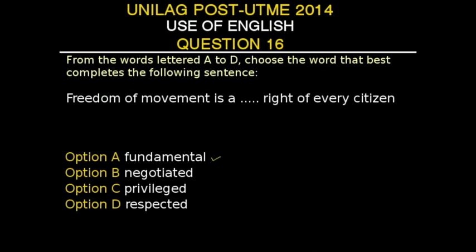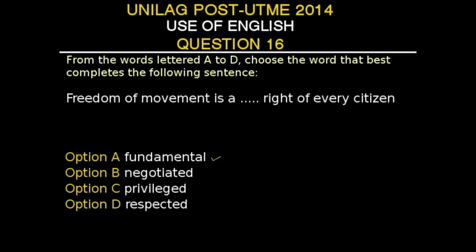Fundamental is an adjective and it means forming a necessary base or necessity. The right of movement for every citizen is a basic necessity, and so fundamental passes here. Negotiated would mean that an individual will actually have to go into some deliberation in order to come to a point where he is permitted or allowed to move, which isn't accurate.